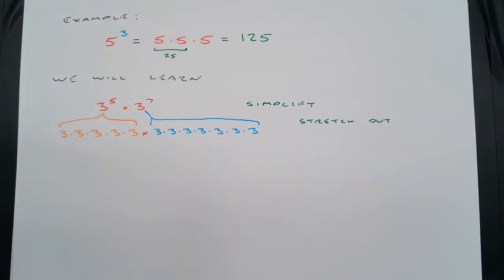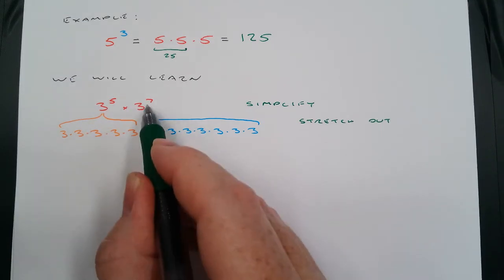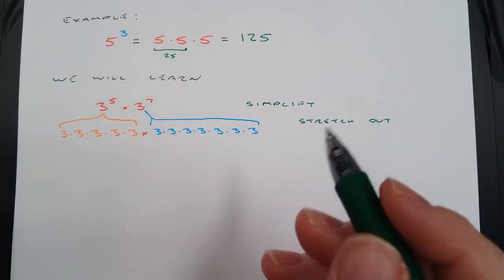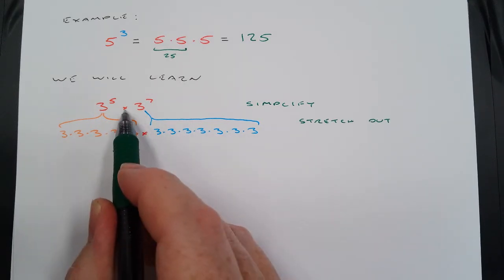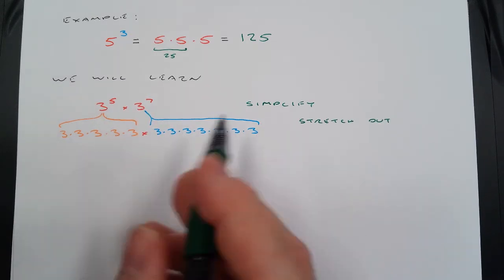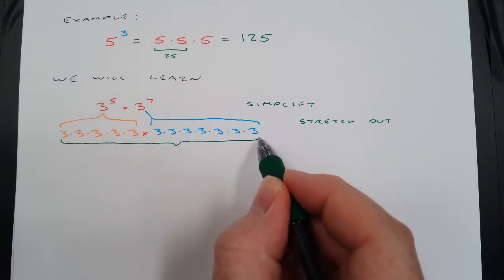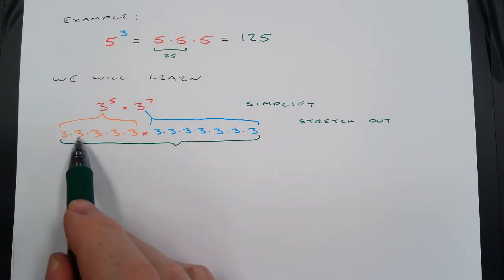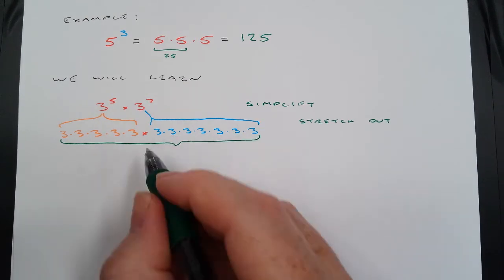Now, so we stretched out the whole thing. 3 to the 5th, 3 5 times. 3 to the 7th, 3 7 times. That's a lot of 3's, but they're all being multiplied together because it's multiplication right there, and the exponents have multiplication inside of them, so it's all multiplication. So how many 3's do we have all together? 1, 2, 3, 4, 5, 6, 7, 8, 9, 10, 11, 12.